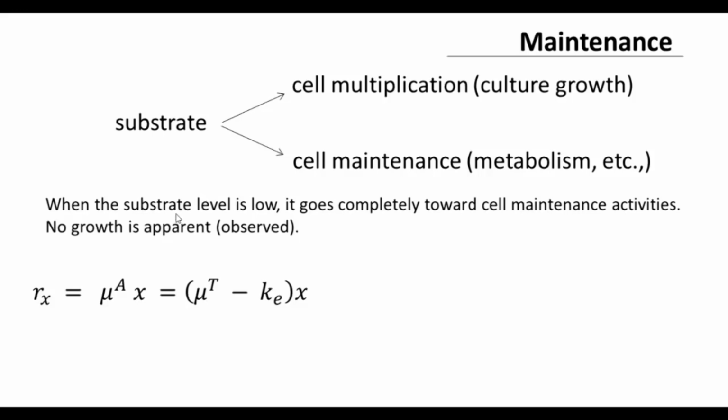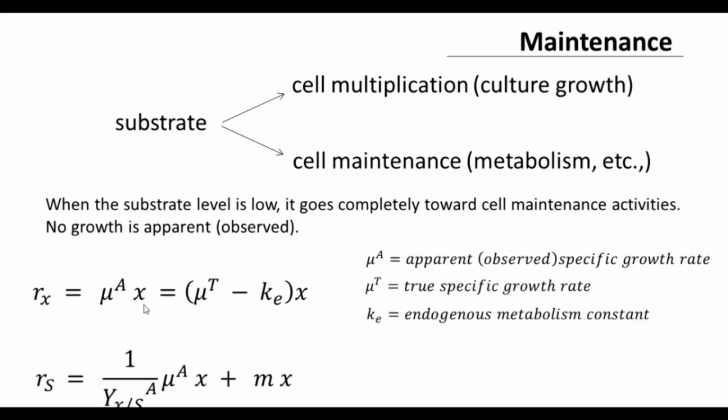That is represented by the apparent growth rate and the true growth rate, and an endogenous metabolism constant, Ke: mu t minus Ke equals mu a. Also the rate of substrate consumption can be written in terms of the apparent specific growth rate and a specific maintenance rate.